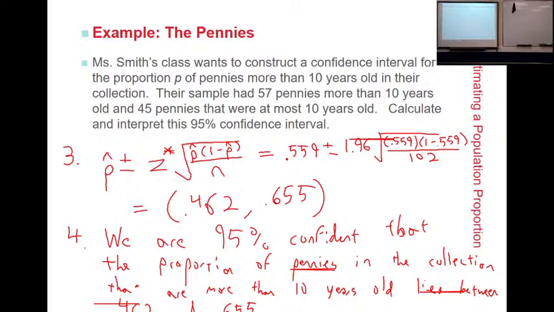So I think the way the book would phrase it is, we're 95% confident that the interval of 0.462 and 0.655 captures the actual proportion of pennies that are more than 10 years old. You'll have these sentences memorized pretty quickly. It is very much a structure, and you're filling in the pieces that you need in that sentence.